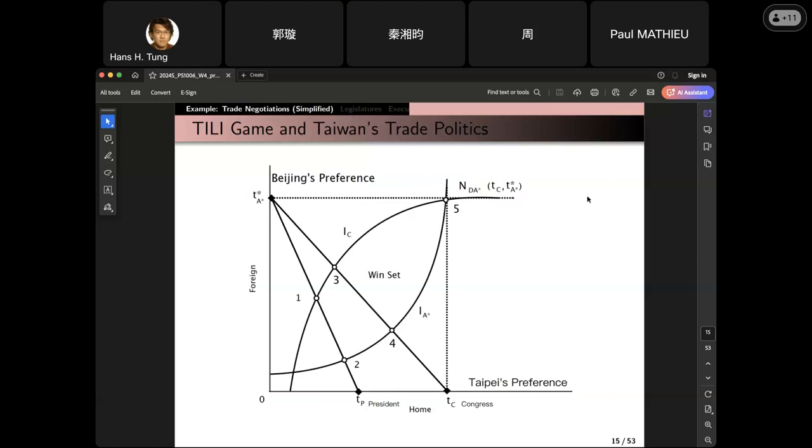And then comes the second point, the veto player theory. Veto player theory is one of the very popular paradigms in political science that we use to analyze the differences. As you can see from last week's presentation, we can analyze the stability of policies according to the number of veto players in different institutions.